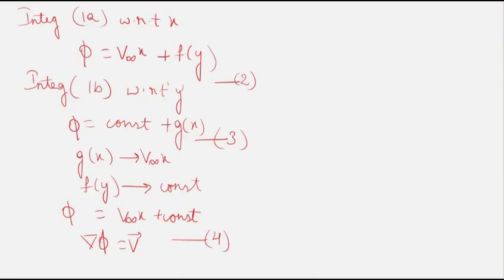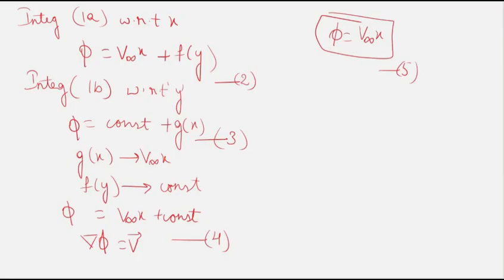So this is how I will obtain velocity. Now if I apply this derivative principle to equation 4, the derivative of a constant would be 0, correct? Which means I can write phi is equal to V infinity x. This would be my equation 5.